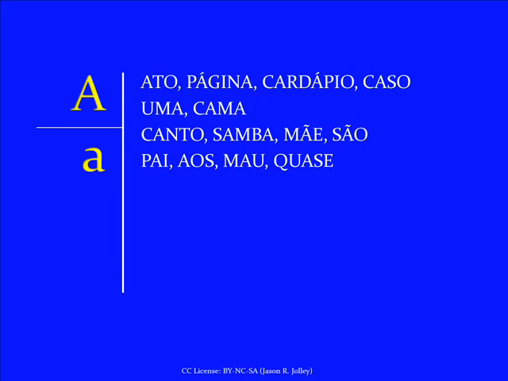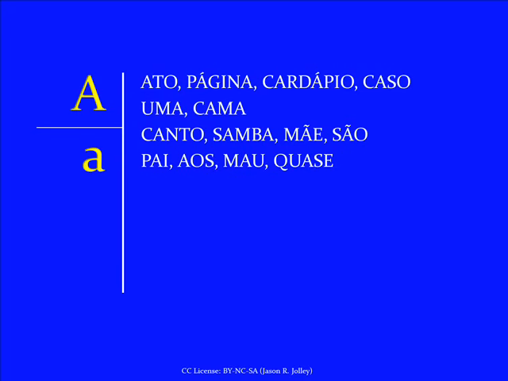pai, aos, mal, quase. On this slide, I know I said I wasn't going to do a lot of explanation, but just let me point out that there are 4 sets of words, 4 lines. With a vowel sound, I'm going to structure it this way. You'll have the first line corresponding to the vowel stressed, página, cardápio. Second line unstressed, as in uma.